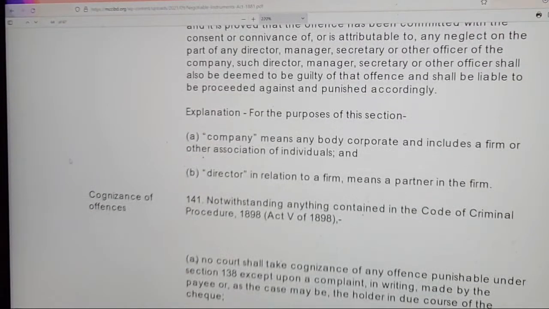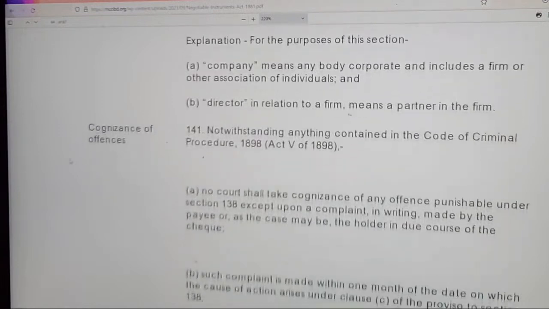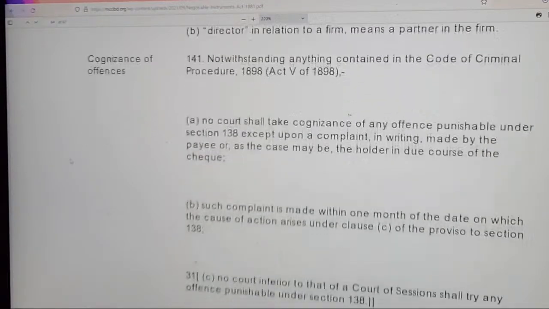Explanation: for the purpose of this section, A, company means any body corporate and includes a firm or other association of individuals, and B, director in relation to a firm means a partner in the firm.